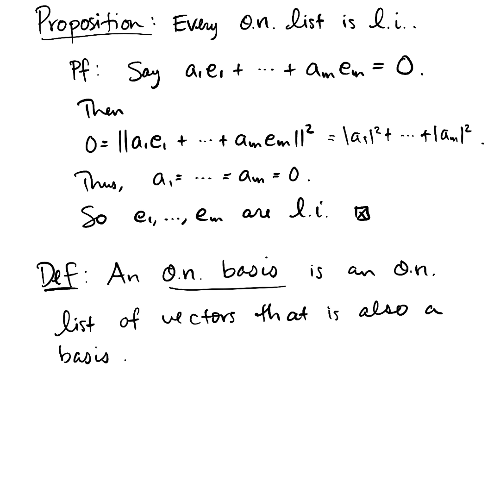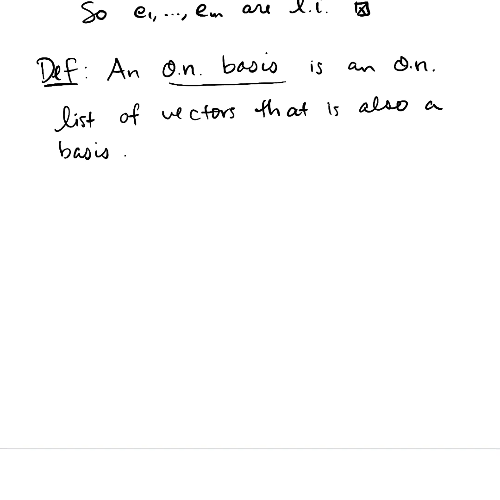And man, if you have your hands on an orthonormal basis, you are in business as far as studying that inner product space. And the first sort of main sense in which you love to work with an orthonormal basis is the following theorem.